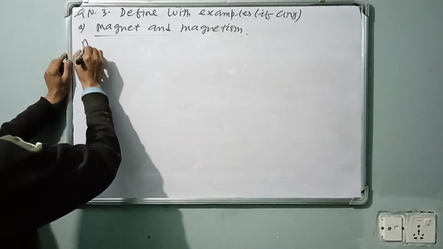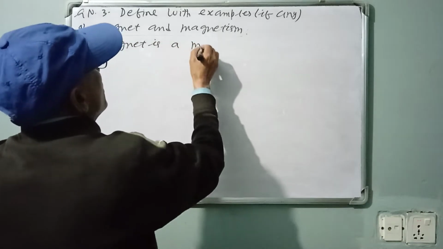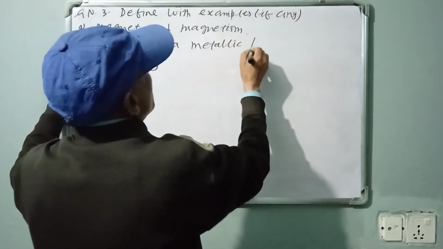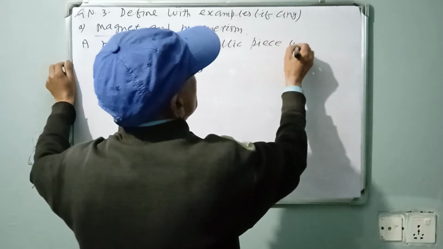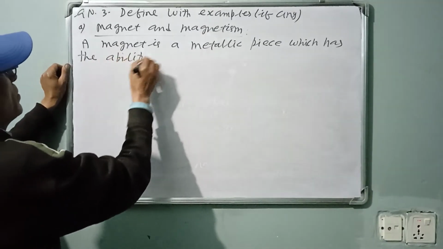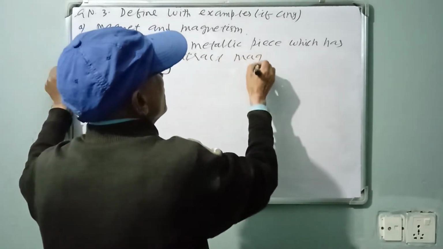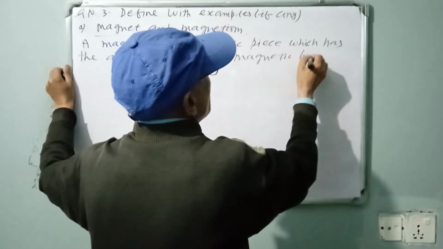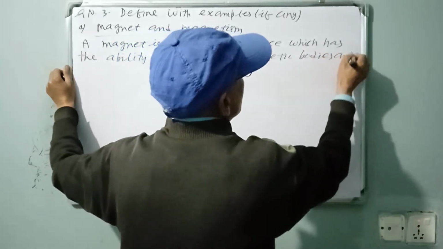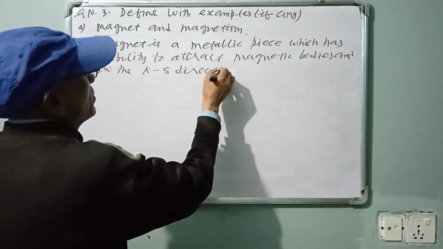So, a magnet is a metallic piece which has the ability to attract magnetic bodies and show the north-south direction.